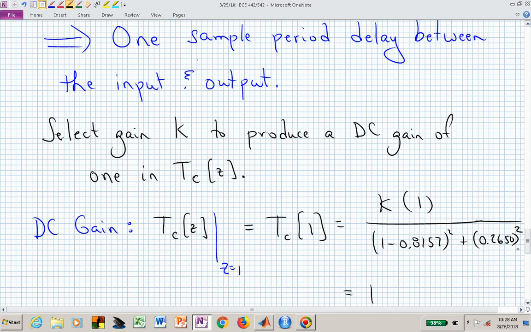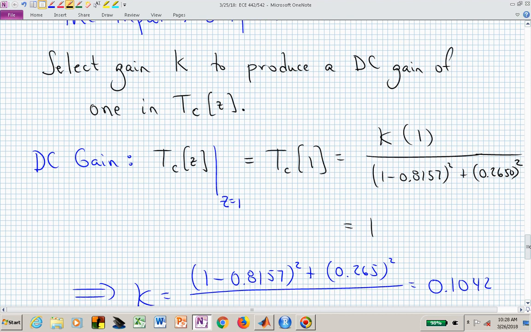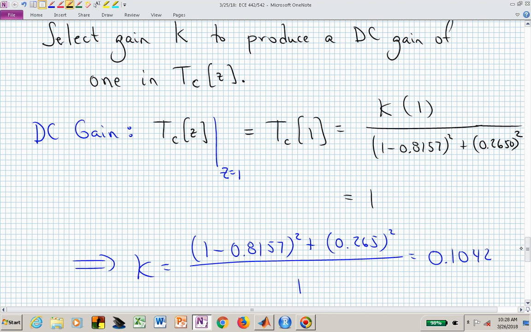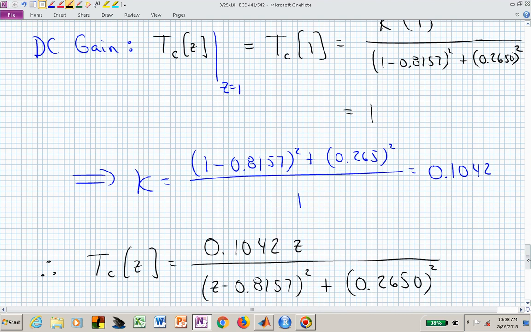That's what we want our DC gain to equal. We only have one unknown in this expression, and we can solve for k just by cross-multiplying, and we end up with a gain k of 0.1042.